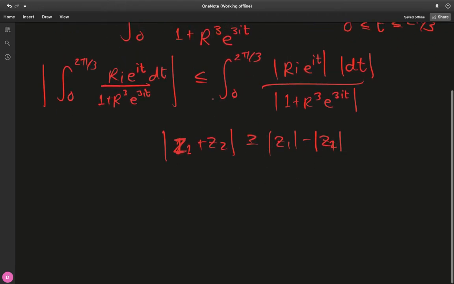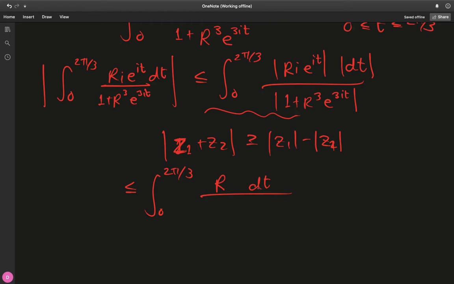So this inequality can again be written as less than or equal to the integral from 0 to 2 pi over 3 of, mod of r is r, mod of i is 1, mod of e to the it is 1. Mod of r is r, no need for the mod because r is positive, and dt is positive.